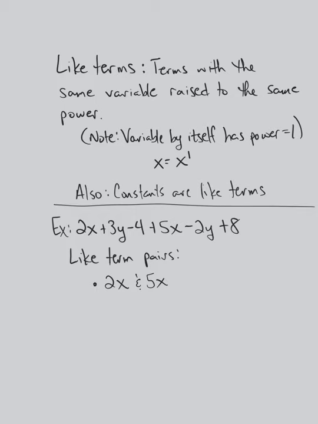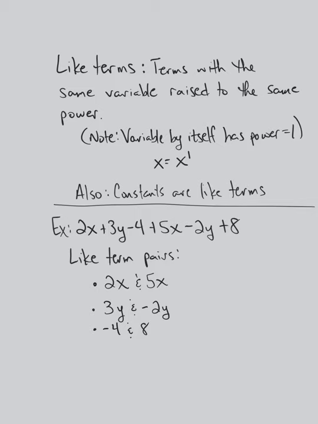Like that. And then notice that I have some y terms that are both to the first power too. Now be careful, it's 3y, and remember that I could rewrite that minus 2y as plus negative 2y. And so I would say it's 3y and negative 2y. And then the last one, constants are always like terms. And so we get negative 4 and positive 8.